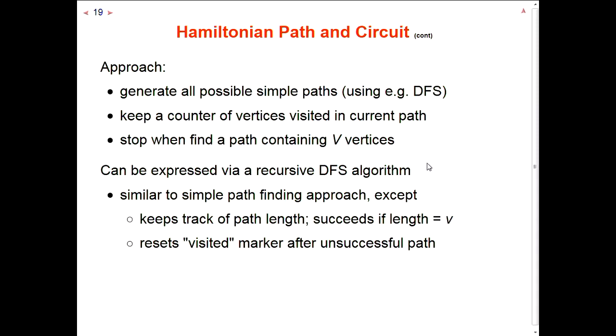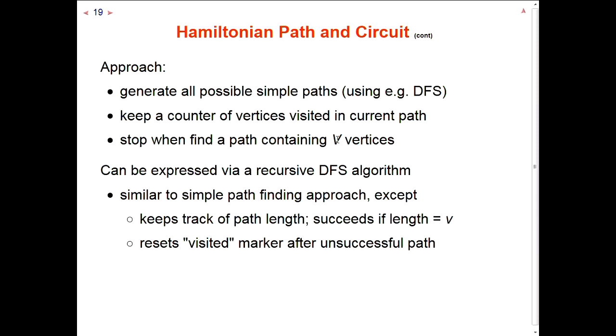We keep a counter of vertices visited in the current path, so that we can be sure that in the end we have visited every vertex. Because if our counter increases and in the end we have exactly V vertices visited, then we know we have visited all the vertices. And we can say that with confidence because we don't go into cycles. That is, with depth-first search, when you have reached a depth of V, then you know that you have visited all the vertices.